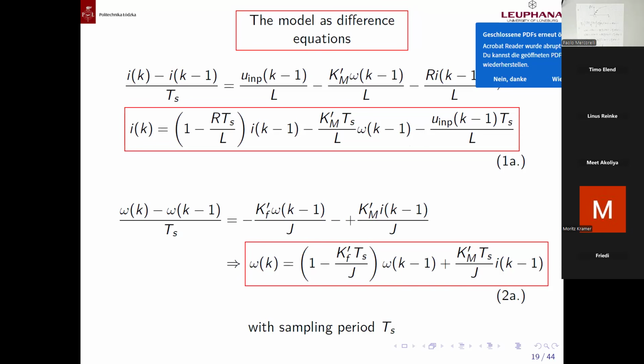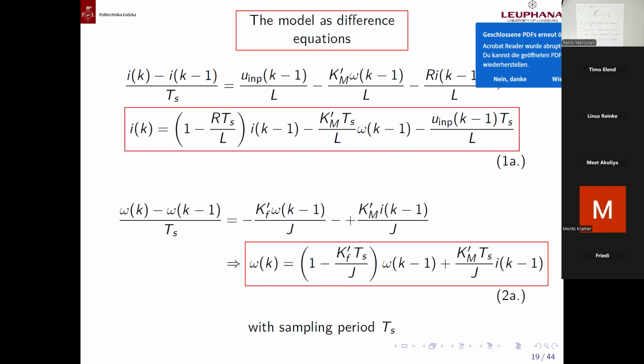I will clarify a little bit later, but we can see from here, if TS is very small, let me say 0, we can see that IK is equal to IK minus 1, because TS is 0, or almost 0. This means we destroy the dynamics of the system. Very interesting, this effect of TS. I will come back to this.